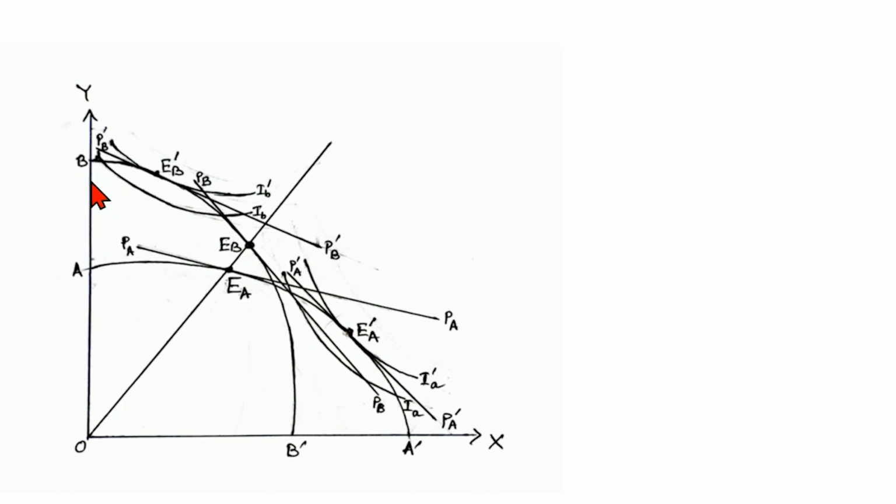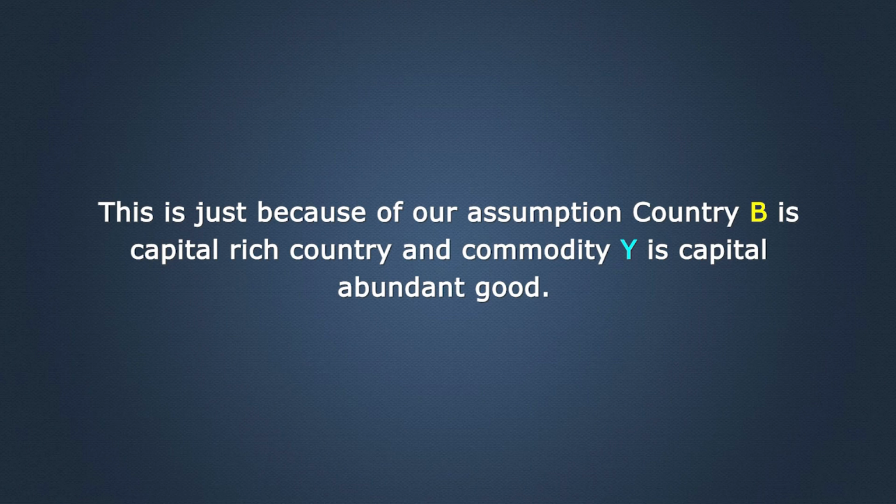Again, we see that the vertical intercept of country B's PPF is greater than the horizontal intercept of country B's PPF. This is just because of our assumption that country B is a capital rich country and commodity Y is a capital intensive good.